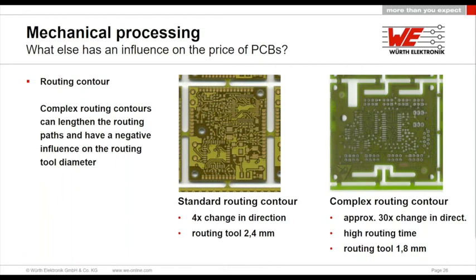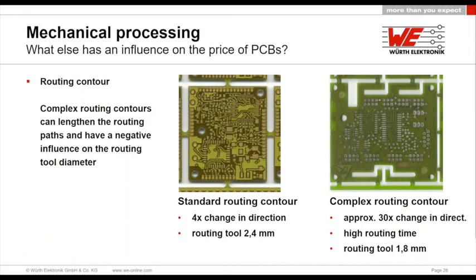The smaller this slot gets, the more critical it will be for the routing tool. And I already said the feed is less, but the stability of the tool is less as well, which means if we go below routing tool sizes of 1.6 millimeter, we need to have an overlap of 80% in material so that the routing tool doesn't break.